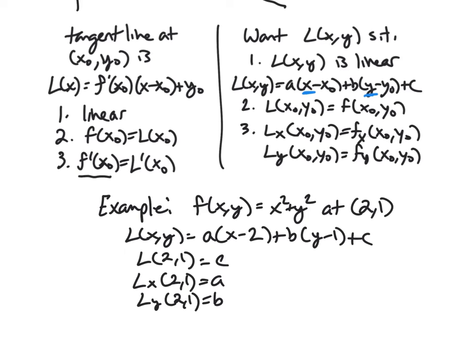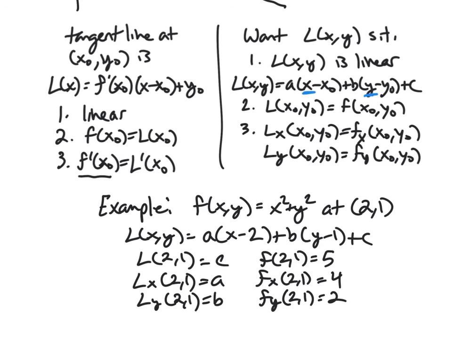And so you would have to look at, okay, what happens here? So f of 2, 1 is 5. Fx of 2, 1, we already saw fx is 2x, so this is 4, and fy is 2y, and so this is 2. And so this tells you immediately that C must be 5, A must be 4, and B must be 2. And so once you have that, you have exactly your tangent plane to this graph at the point 2, 1.